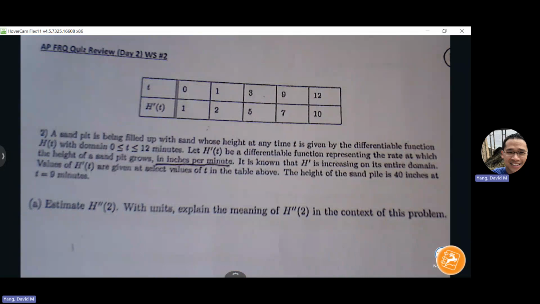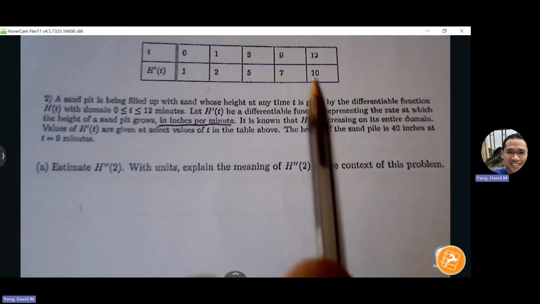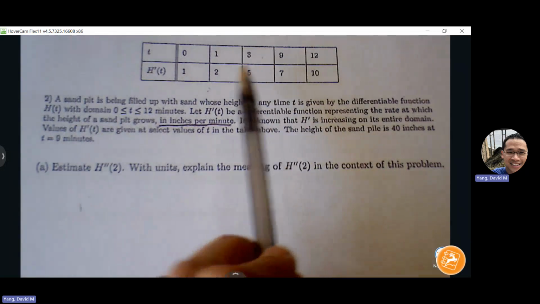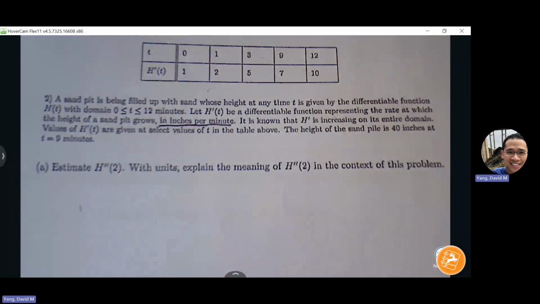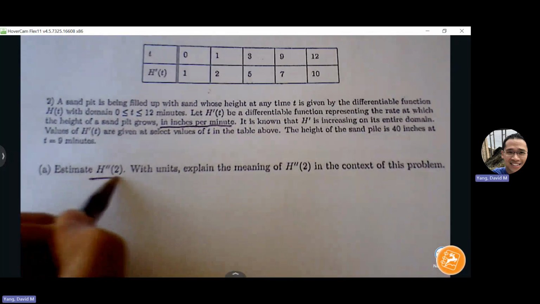So we see that the rate is growing. That sand pit is getting filled up faster and faster, right? Or that sand pit height is growing faster and faster. You can imagine that since more is getting filled in over this time period. Okay, estimate h double prime of 2.